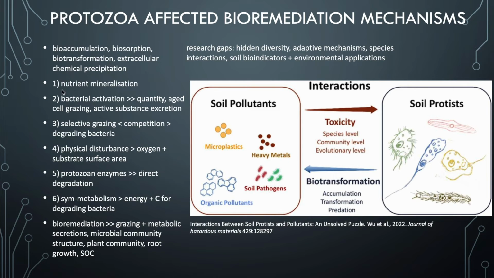And so therefore, this is where the soil protists, particularly the grazers or the predators, really affect bioremediation because they are the primary nutrient mineralizing organisms. They also activate bacteria, and that includes stimulating their reproduction as they graze on bacteria, so increasing their quantity, consuming aged cells that are likely to have a lot of pollutants in them in a polluted ecosystem, and also release active substances that stimulate bacterial metabolism.